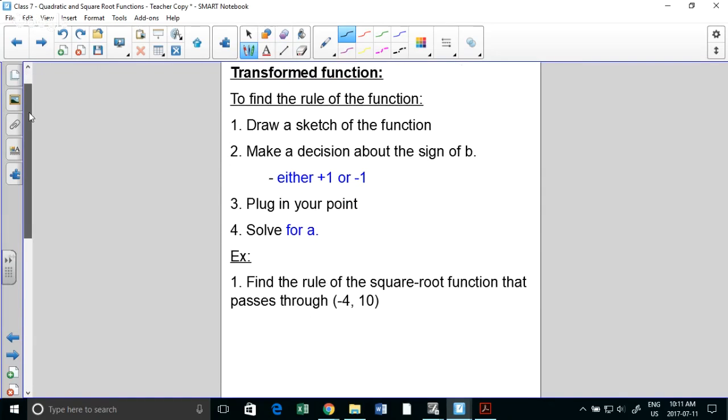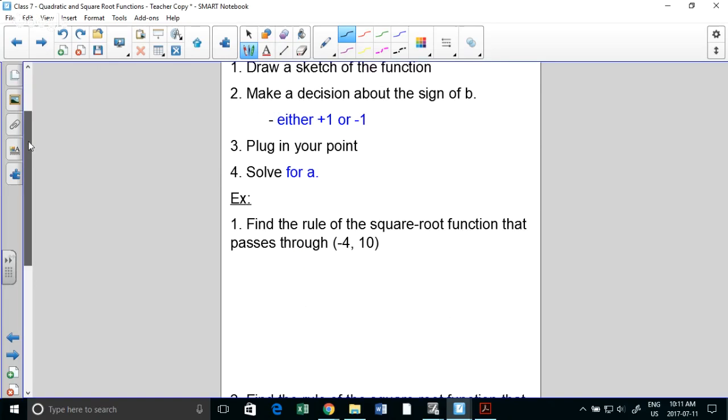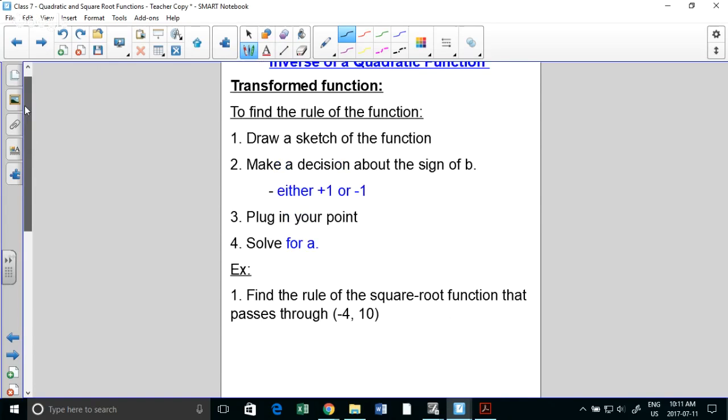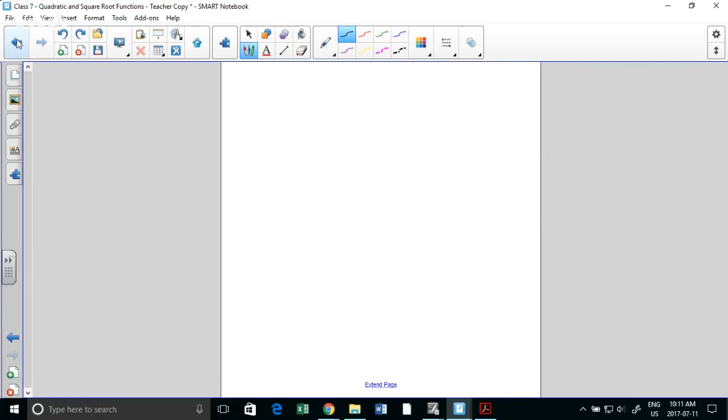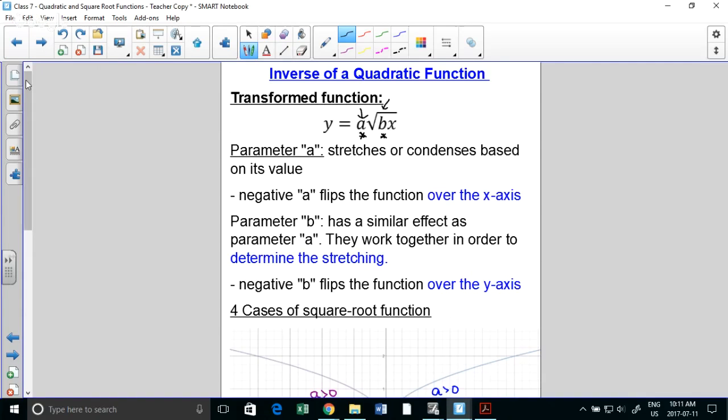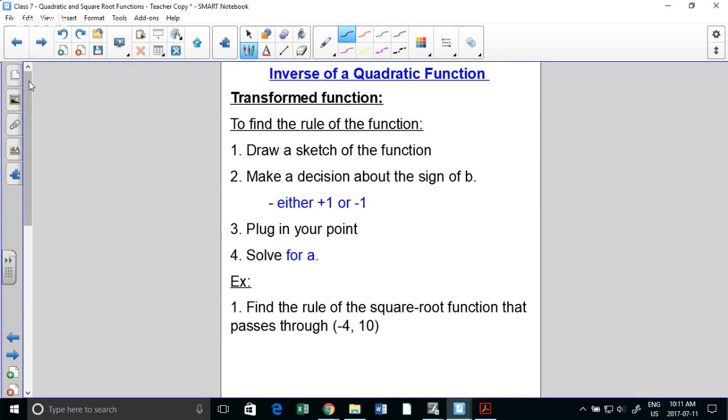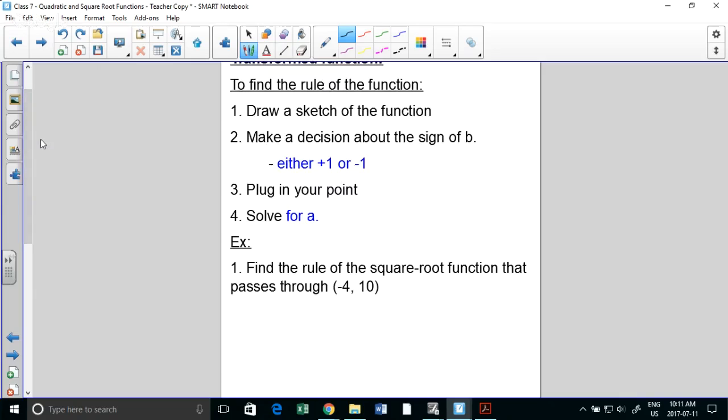So in order to find the rule, oh, we're almost done, actually. I'm impressed. In order to find the rule, you're going to draw a very, very rough sketch. The sketch is only to help you decide about the sign of b.